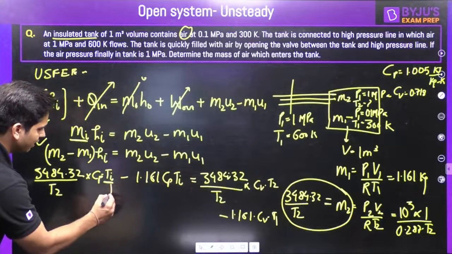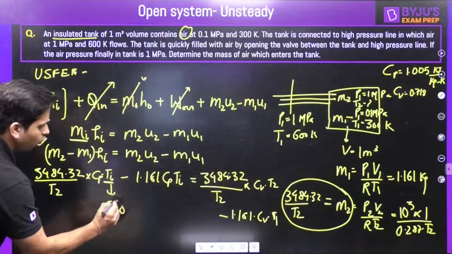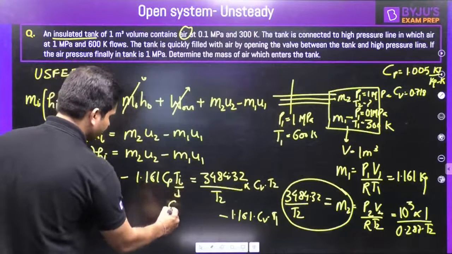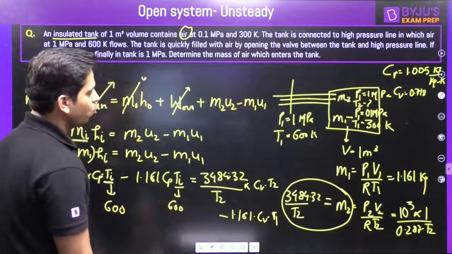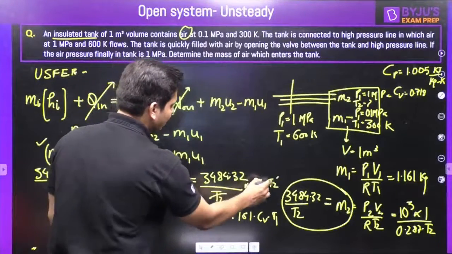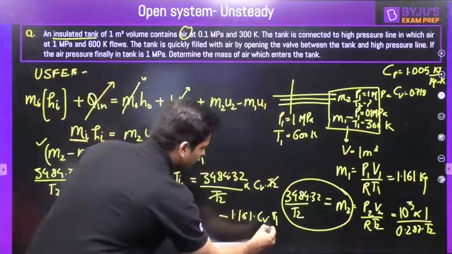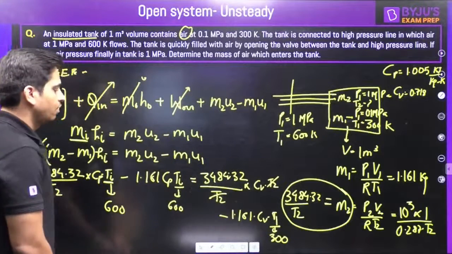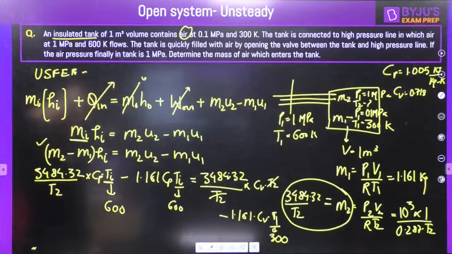Look, this is 600. This is also 600. T2 I don't know, but it will get cancelled. I am not worried about that. This is 300. So then what is the issue?